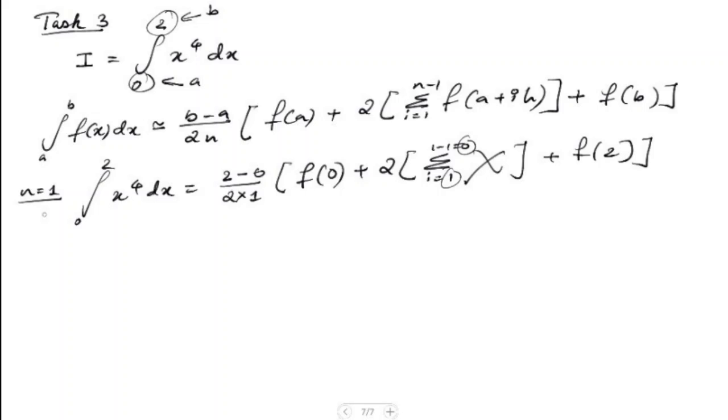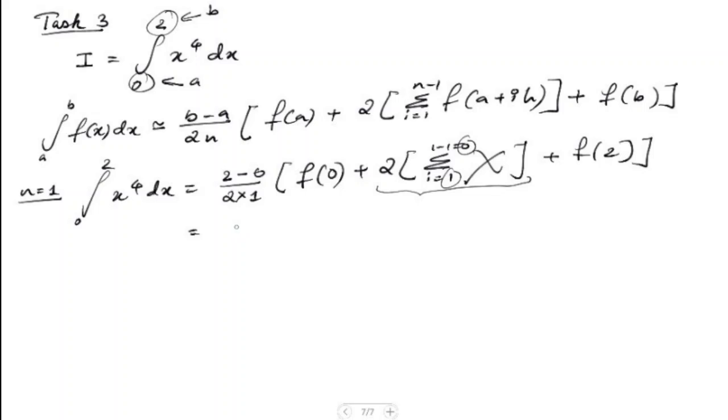Basically, when n is equal to 1, it is just the normal trapezoidal rule, where you have b minus a divided by 2 times f of b plus f of a. Therefore the summation term gives you no results, but because I'm applying the multiple segment trapezoidal rule, it looks like this. But when n is equal to 1, you can just apply the trapezoidal rule itself.